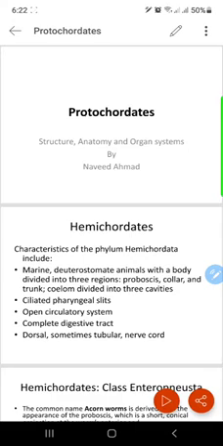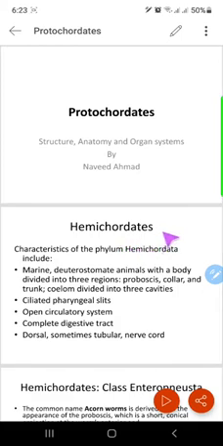So let's start with the hemichordates, and specifically we are going to discuss the structure, anatomy and organ systems, plus their development and reproduction of these protochordates in this lecture. So let's start with the hemichordates.